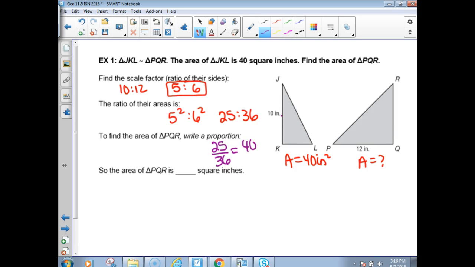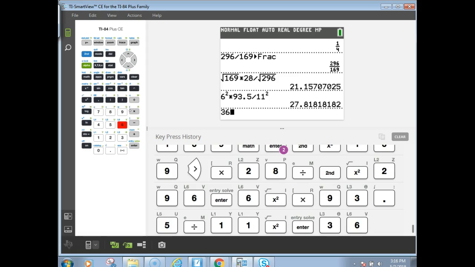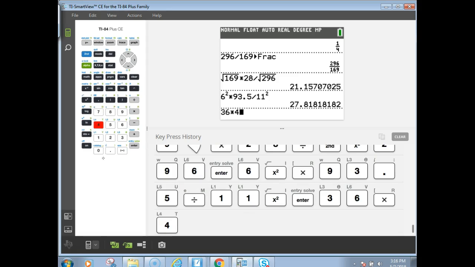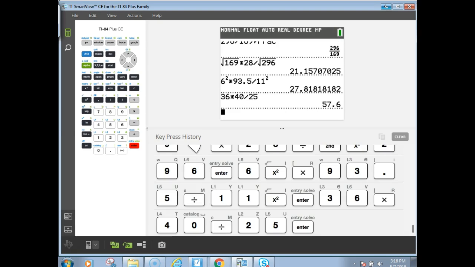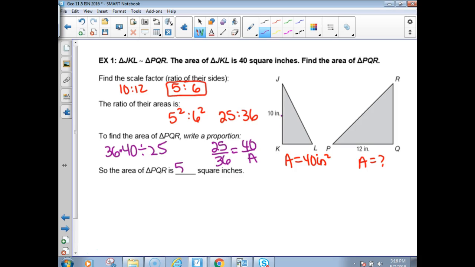So 40 on top, A on the bottom. So we now cross multiply and divide, which, if you want to write down what you're calculating, would be 36 times 40 divided by 25. Cross multiply and divide. Okay, you should have gotten 57.6 square inches.